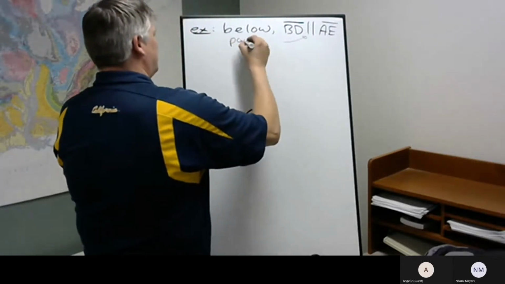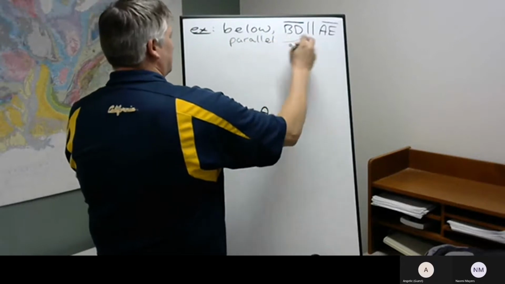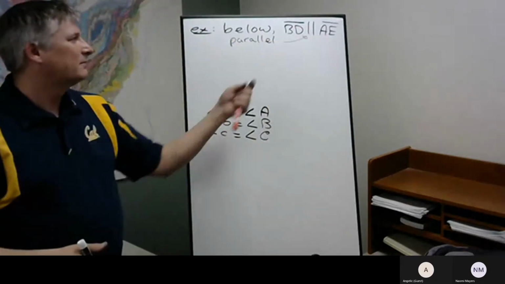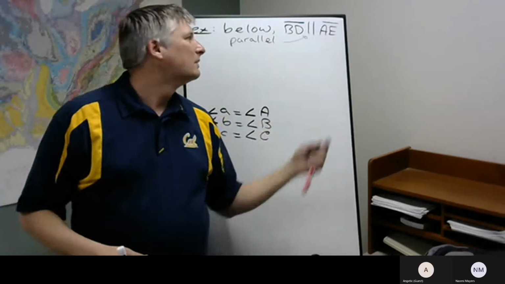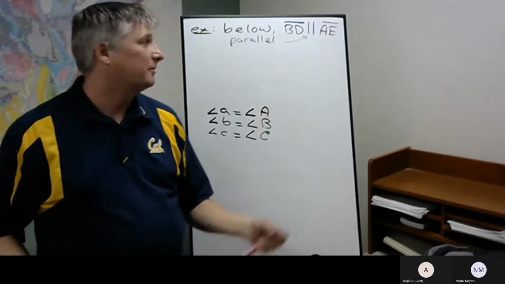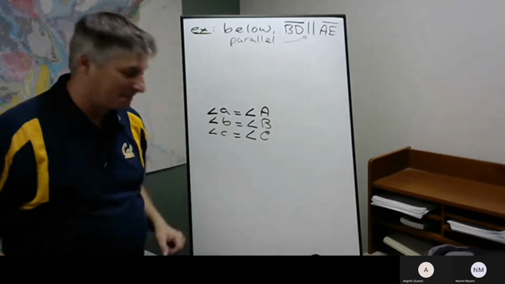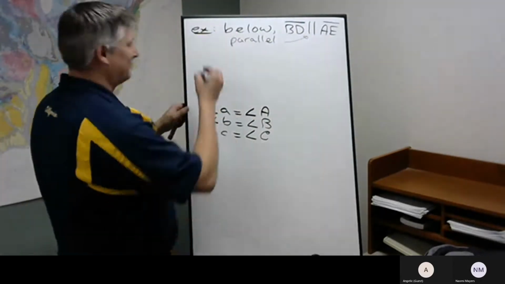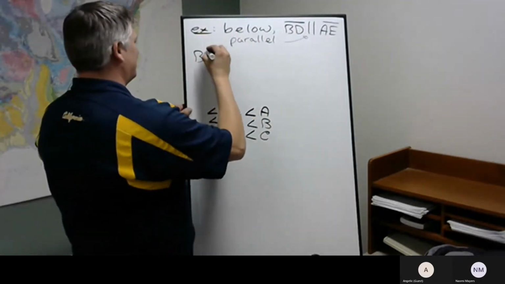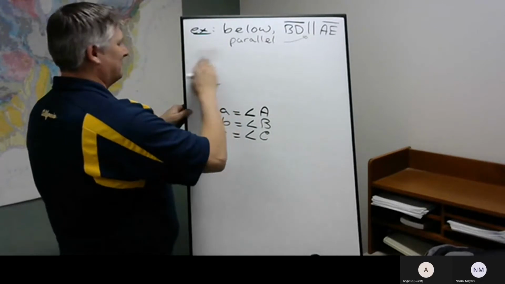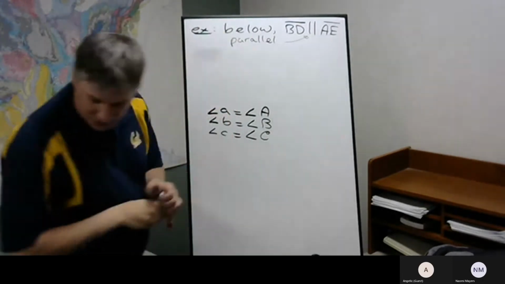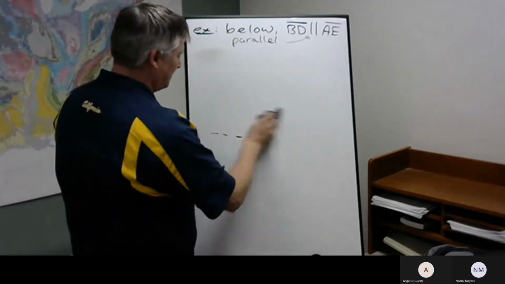So just a little notation. These two lines here mean we have two line segments. This says that they're going to be parallel. So this segment will be parallel to this segment. I'm just going to draw the rest of it.